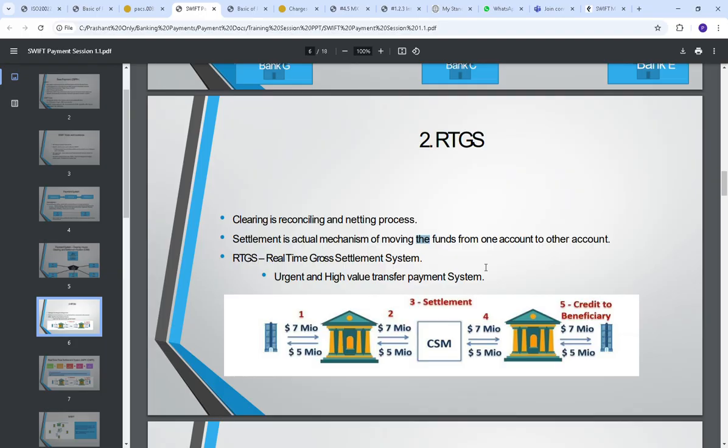Real-time gross settlement is a similar terminology that any bank in the world can use. The US uses the same word RTGS, but Europe does not use this word. Though the phenomenon is the same, they have different words. In Canada, what is exactly being used? Are you aware?